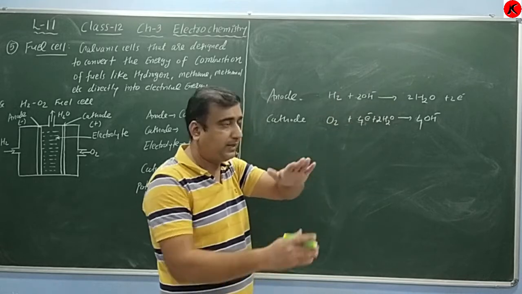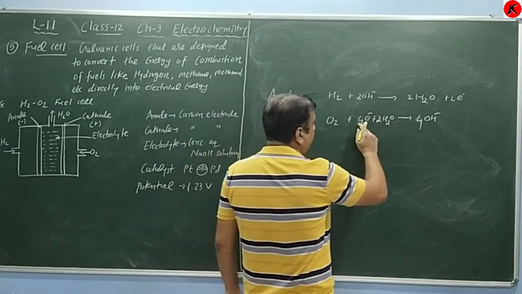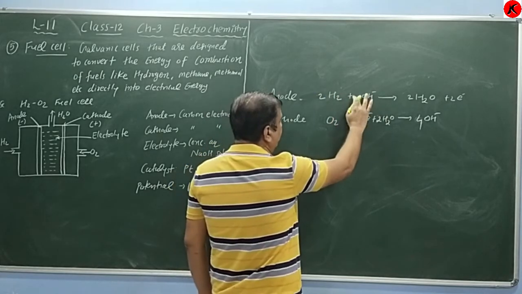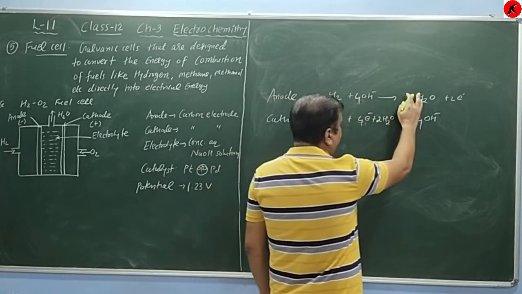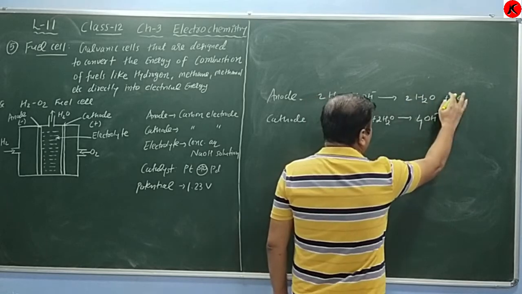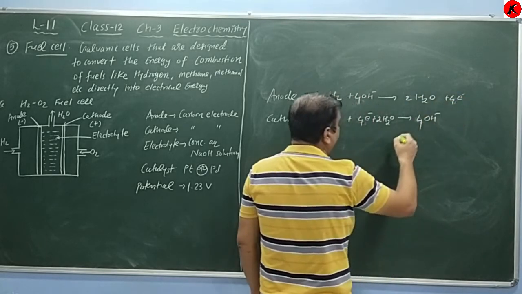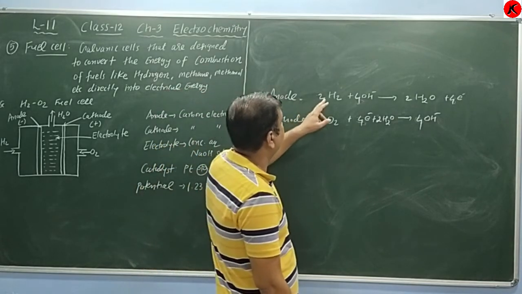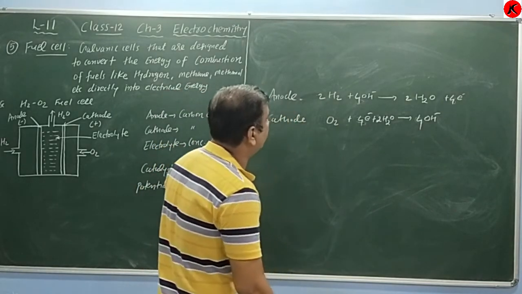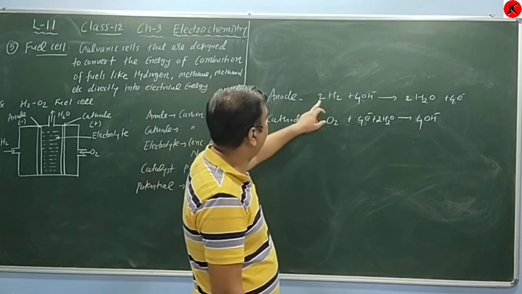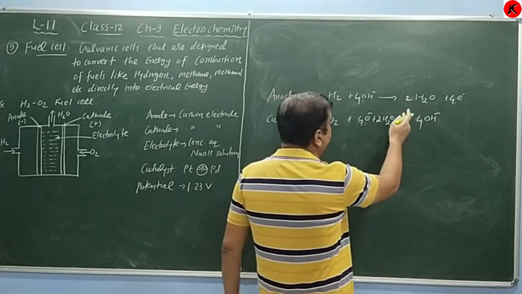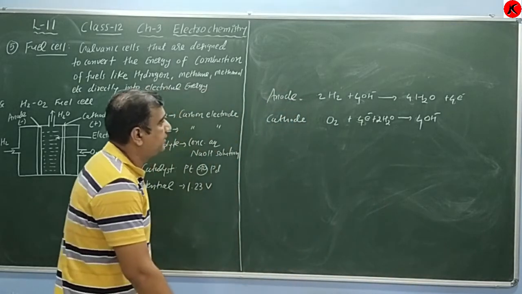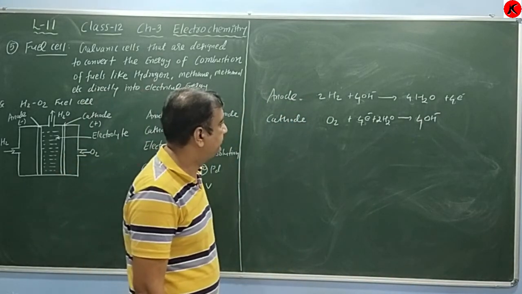Now to write the overall reaction, here 4 electrons, 2, but this is also multiplied by 2. That means 2H2, here 4 OH minus, 2H2 and 4 electrons is there. Again multiply by 2. Now here hydrogen 4 and 4, 8, that means here this will be 4. 2H2 is there, that means multiply by 4.